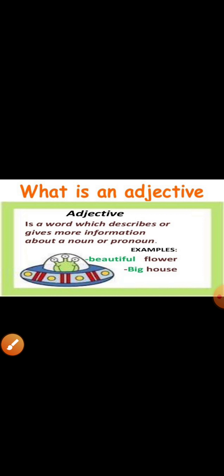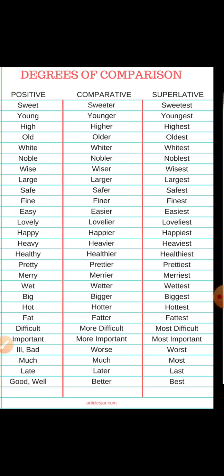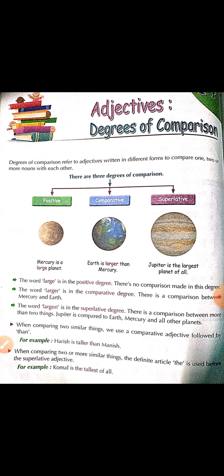So words like beautiful, big, small, thick, rich, all these words are what? All these words are adjectives which tell about either the quality or the quantity. Okay, so now we know what an adjective is. Now we will move on to degrees of comparison.